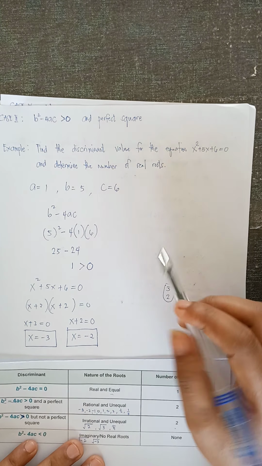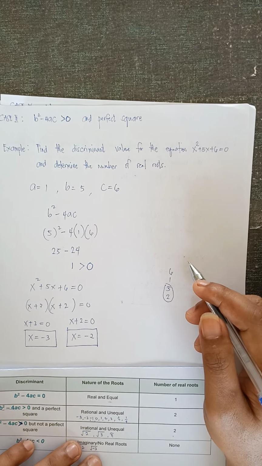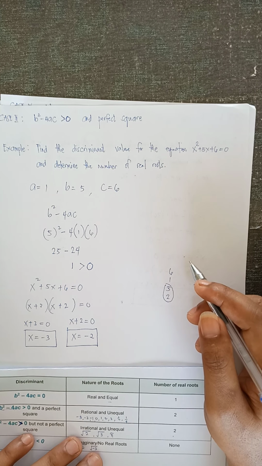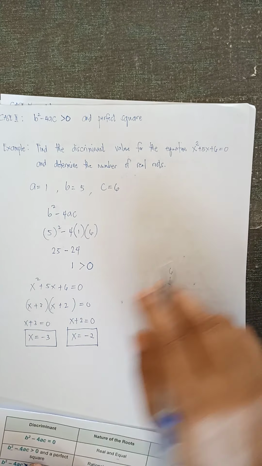That is for case number 2, b squared minus 4ac is greater than 0 and a perfect square. So let us proceed to the third case, which is b squared minus 4ac is greater than 0 and not a perfect square.